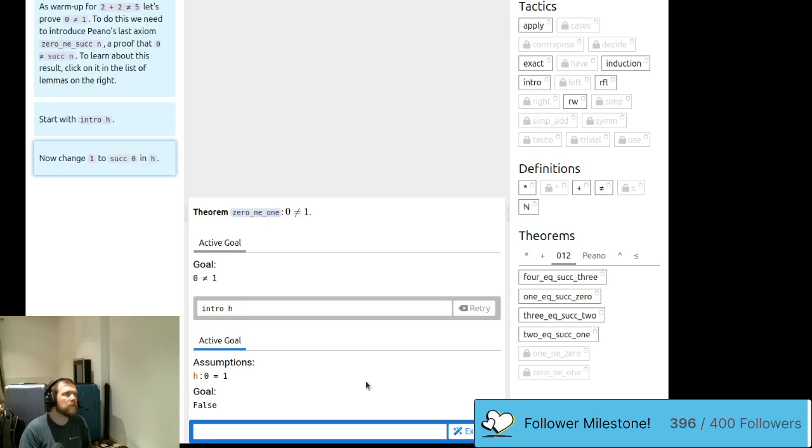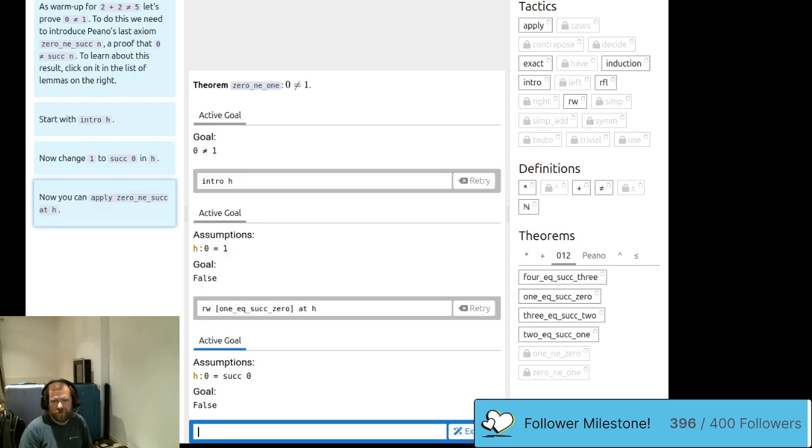Oh. Ugh. 1 equals successive of 0 at h a. Apply 0 not equal to successive at h.